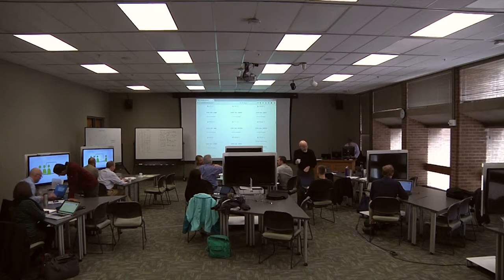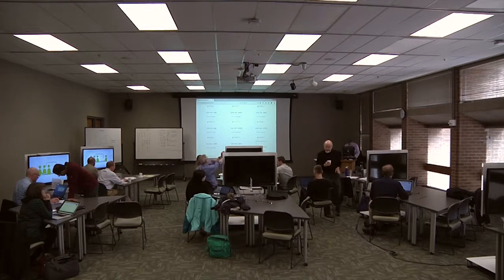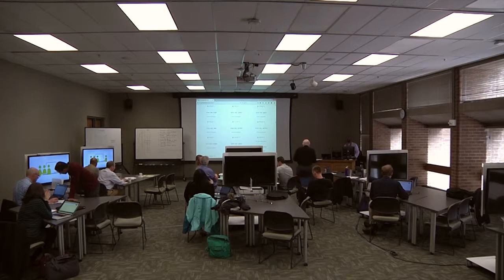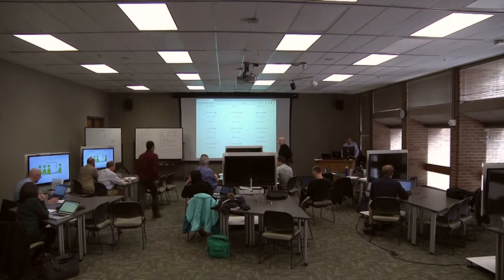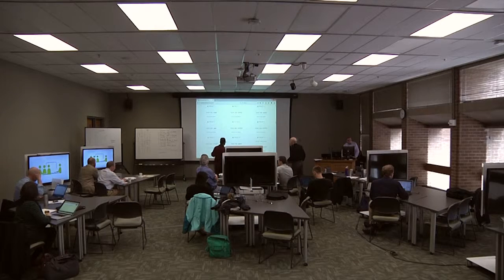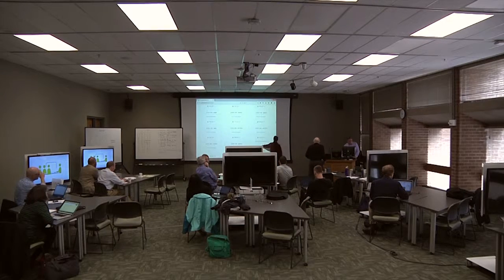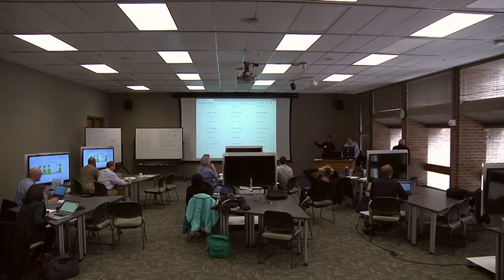Okay, I think everybody's in. You should see a box like here on the screen with a green check mark saying working project underneath it. Does everybody see that? Yes. Okay.